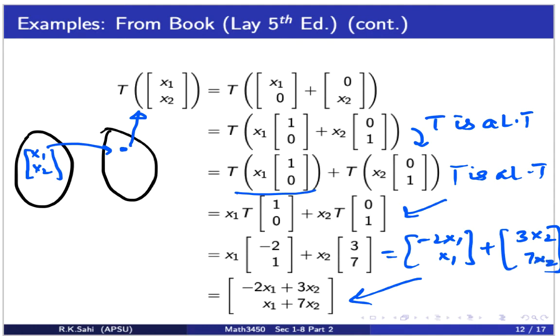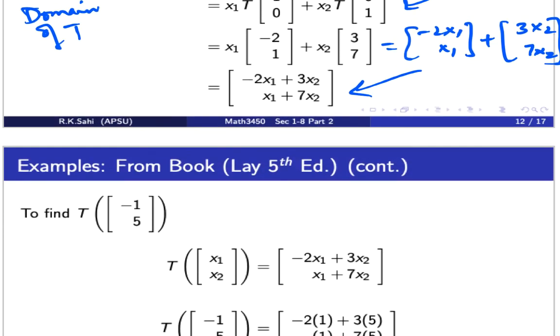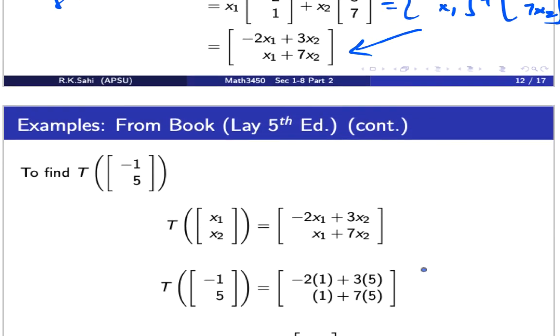Okay, so that was for any element. This x1, x2 is any element in the domain of T. Now, if I look at a very specific vector, minus 1 and 5, I have already got the formula here. So remember, this one is T of x1, x2.